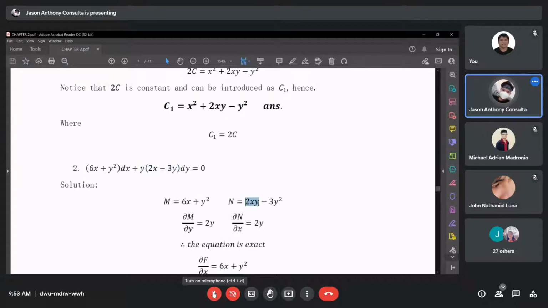Ito yung N ninyo. Okay? And get the partial derivative of M and N with respect to Y and X respectively. So, both 2Y yung sagot. So, it means that the equation is exact.